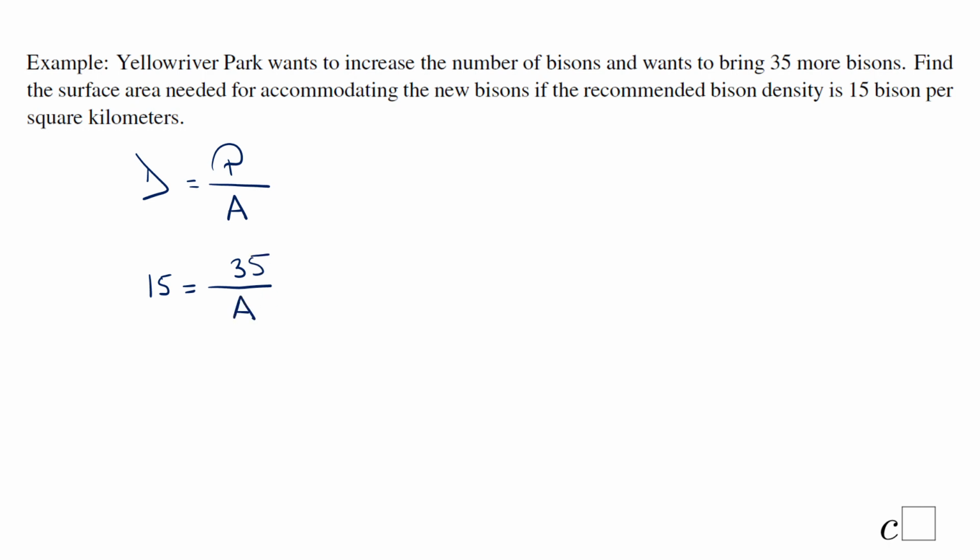So this is another one where we need to solve an equation, and the easiest way here, you can switch this 15 and A, these two, just switch them like this, and we have A equals 35 over 15. So let's grab a calculator, and I get 2.333.